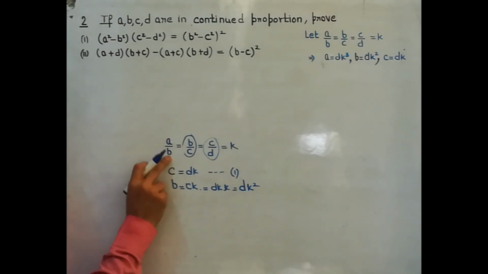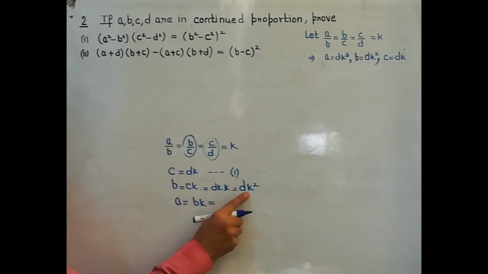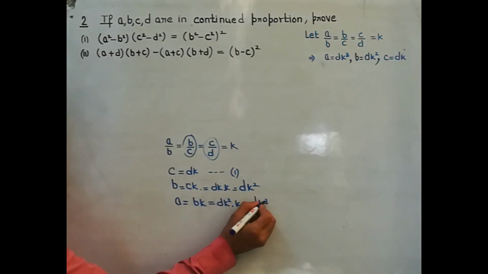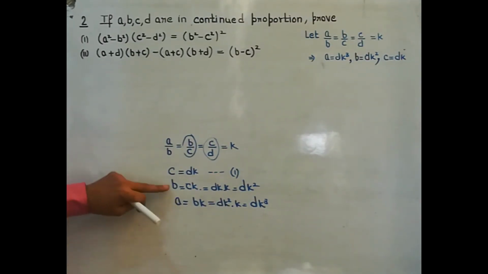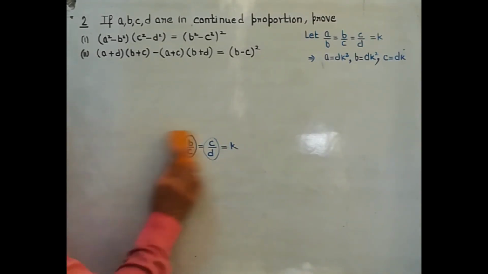And then the first one, A upon B is equal to K. So A is equal to BK. Now B will be replaced by DK square, and K is already there. So it becomes D into K cube. So we have got A, B, C in terms of D. This is how we get the value. This I have already explained in the starting, you can see there.